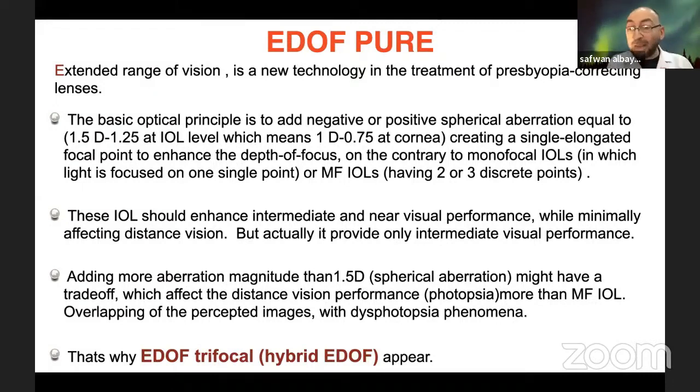If we add more negative spherical aberration in the center, then we might have a trade-off which affects the distance vision performance and causes photopsia more than a multifocal, with an overlapping of the perceived image and dysphotopsia phenomena.